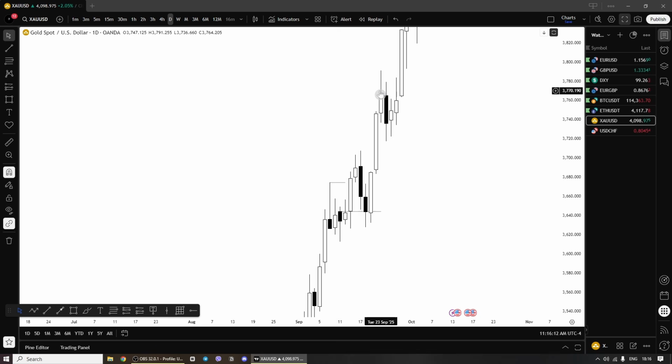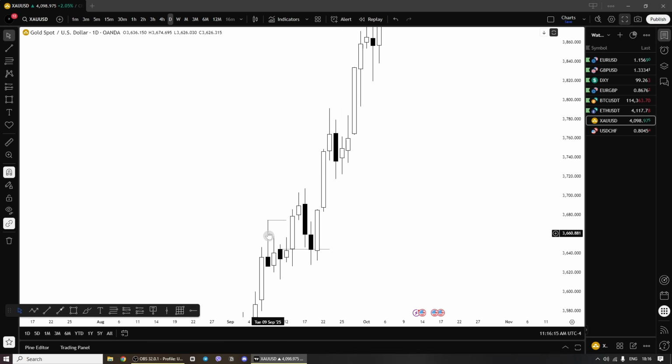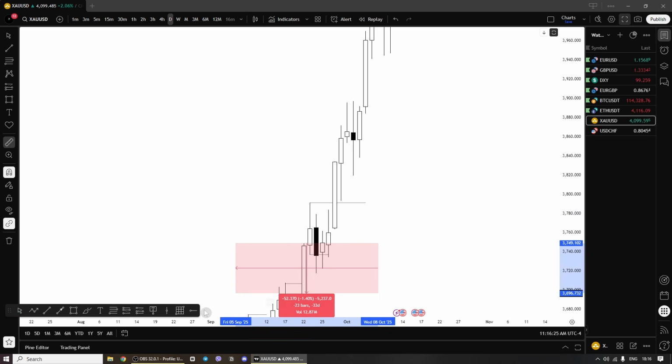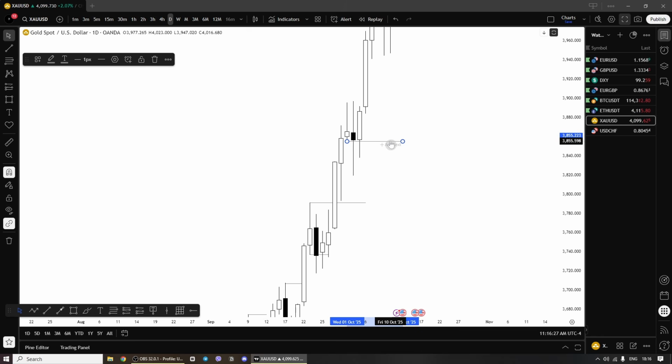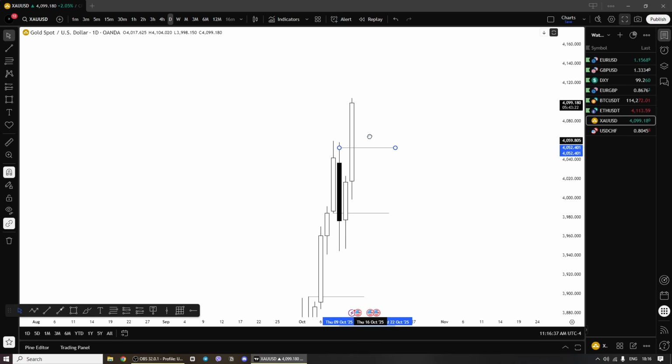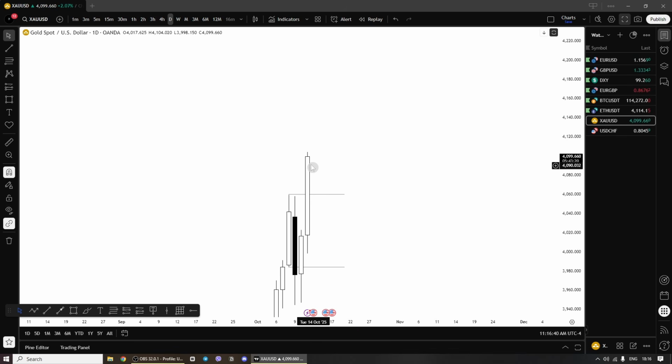Once we get this move, we get what? We get external out right here to internal sponsorship to go higher, and we take what? We take external to come back to internal to get another external to get back into another internal to get external, and guess what will happen?